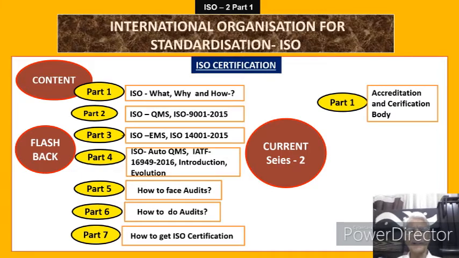So first of all, content. Prior to this series 2, I have already released 7 videos in part 1, series 1. As a flashback, I am showing you here. Part 1, ISO related what, why, how. Then part 2, QMS about 9001 2015.